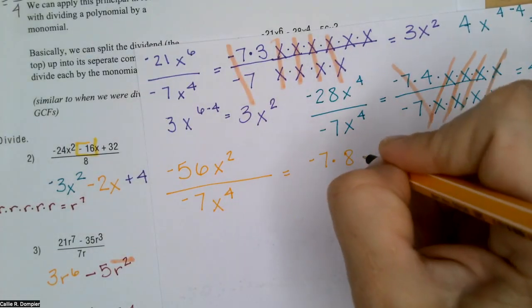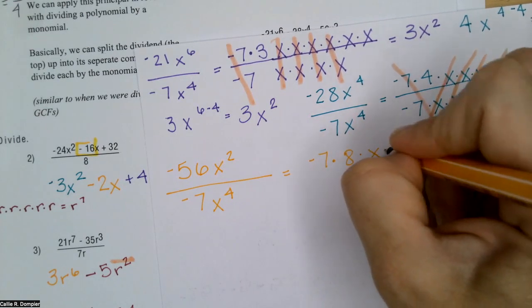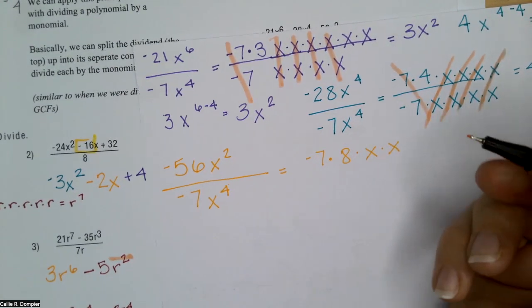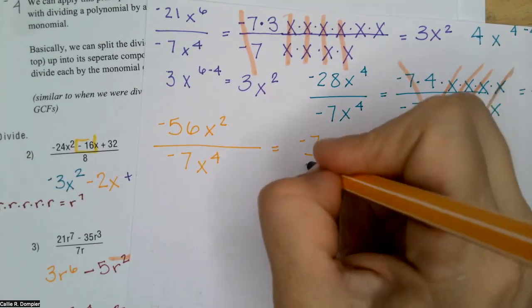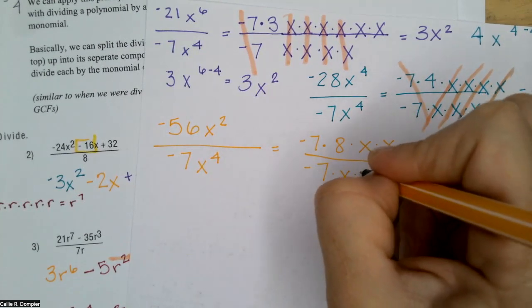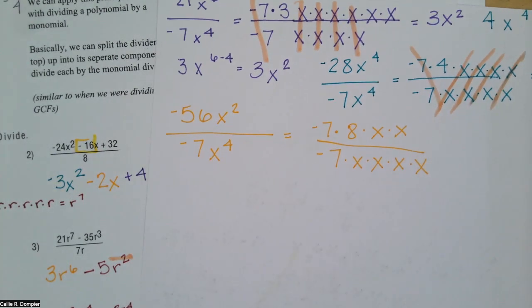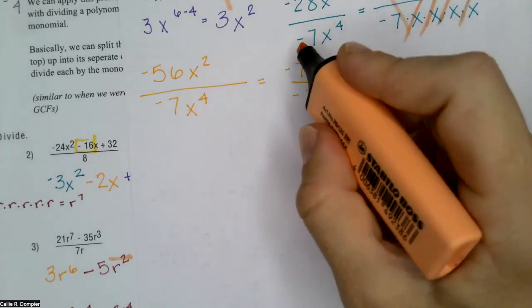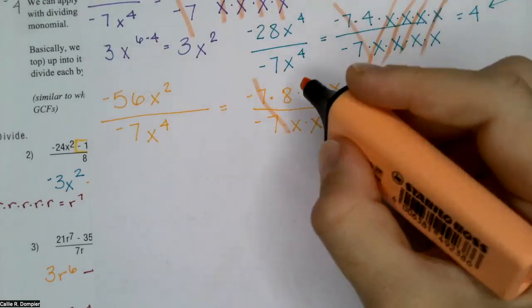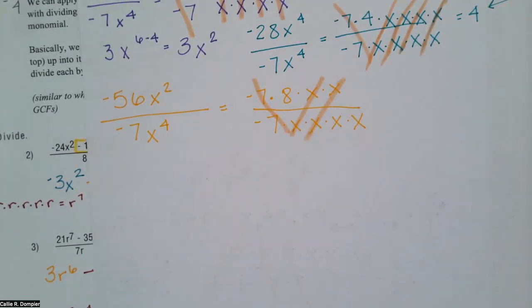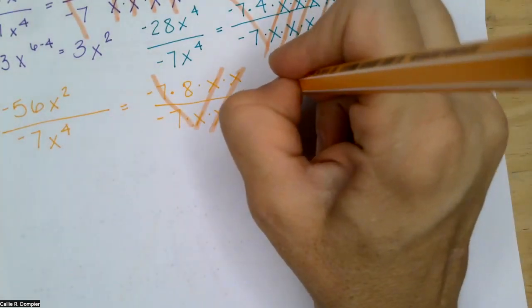Negative 7 times a positive 8 times x squared, which is just 2 x's, over negative 7 times 4 x's. Cancel out the negative 7s. We're left with 8. Cancel out 2 of the 4 x's, and we have 8 on the top and then x squared on the bottom.